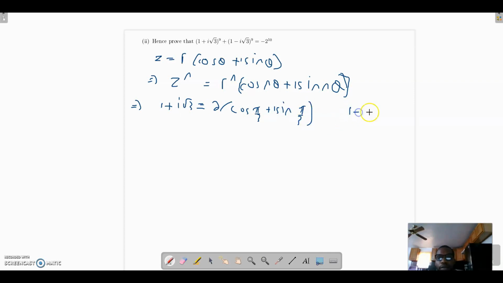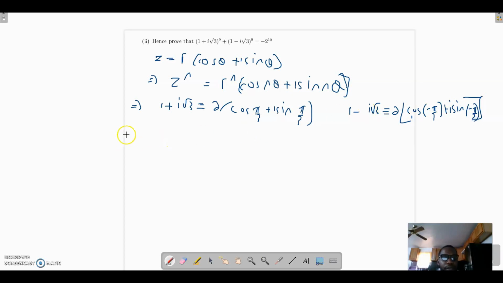And then 1 minus i root 3 is equivalent to 2 also into cos minus pi over 3 plus i sin minus pi over 3.